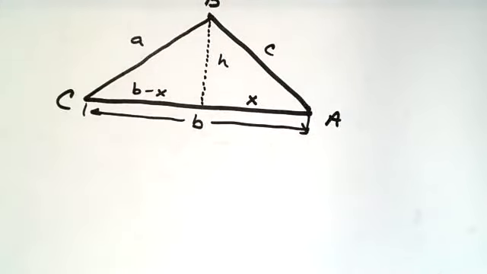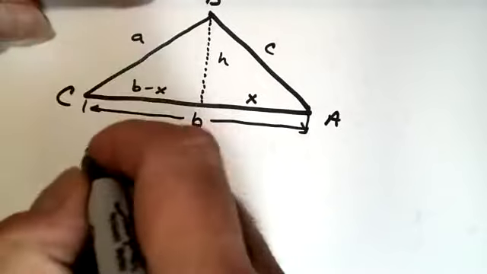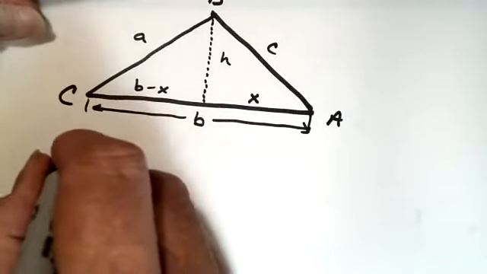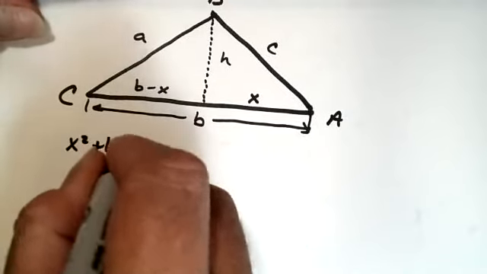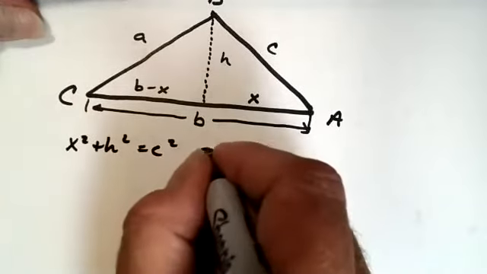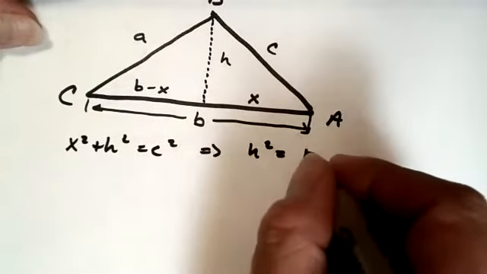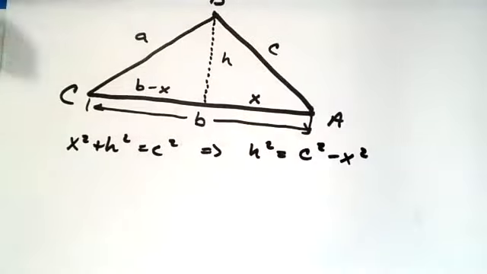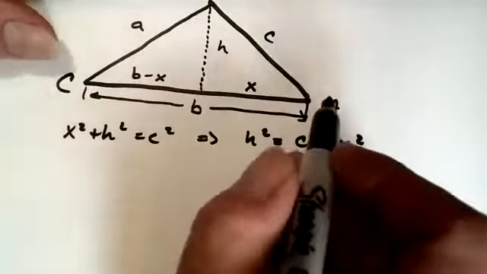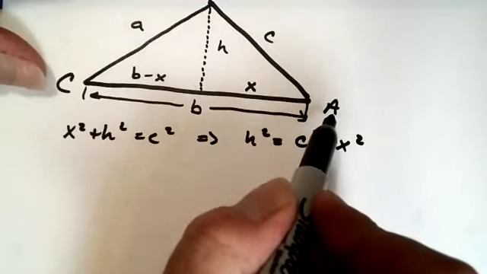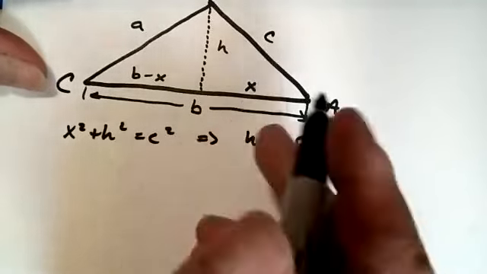and so what I can do is write the Pythagorean theorem. I'm going to first state that x squared plus h squared equals c squared. And so the result is that h squared is equal to c squared minus x squared. Now, simultaneously, I'm also going to write a relationship between the cosine of angle A and x and c.